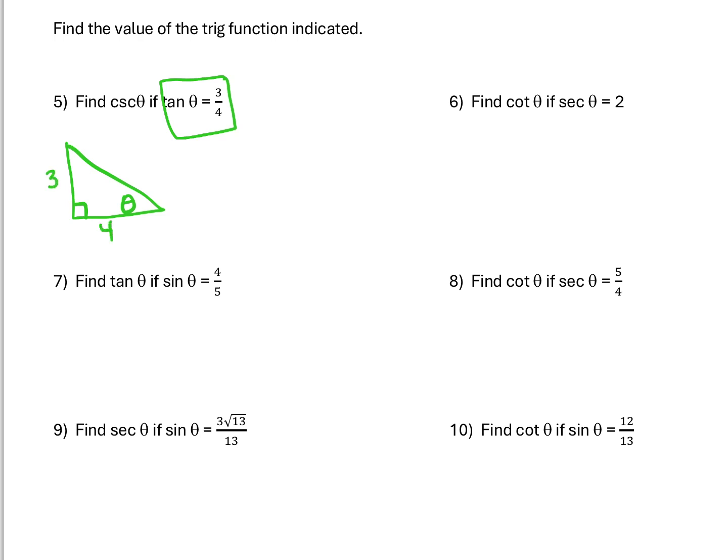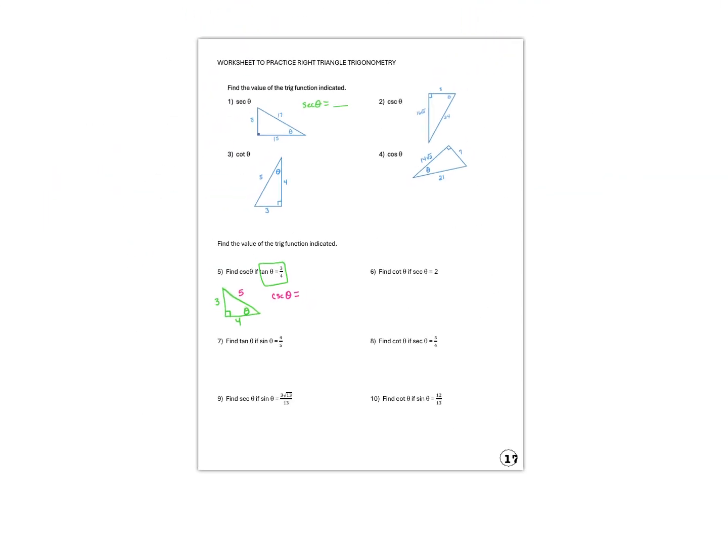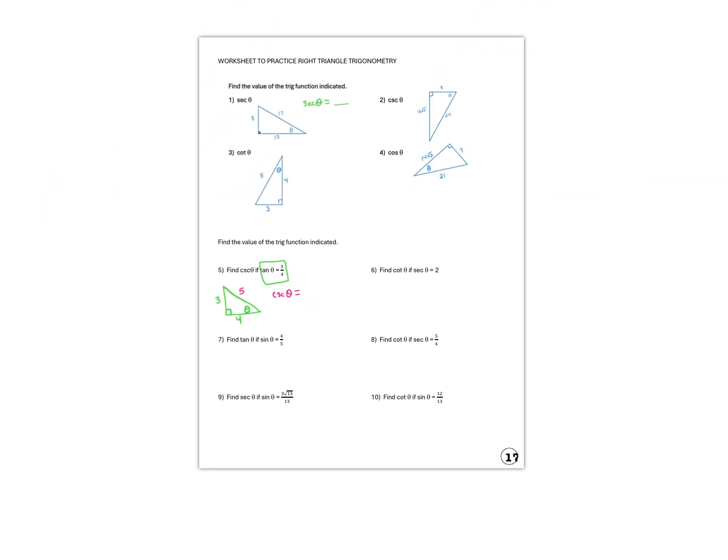You're going to have to figure out that other side. Some of those are Pythagorean triples. Actually, many of them are, but not all of them. And then you have to do the same thing that you did up above and figure out my cosecant value. Think about your reciprocal, and then you can flip it. Okay, so that's your homework for tonight. Make sure you scan and submit.